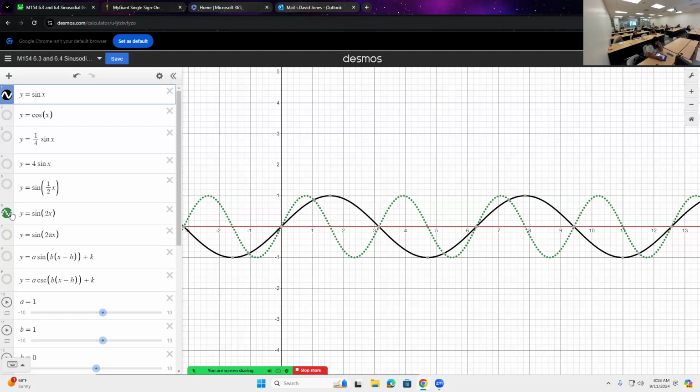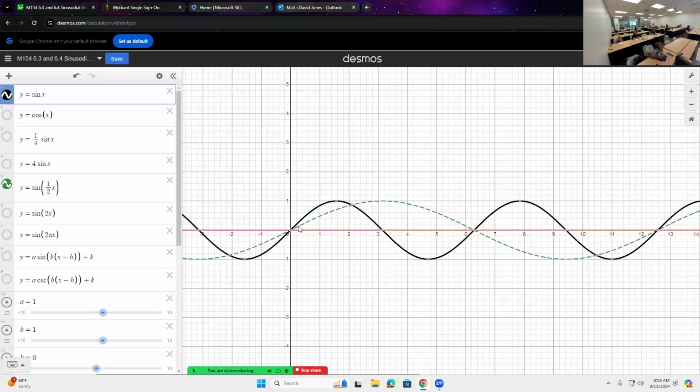And if I do the one that has 1/2, it goes up, back to 0, down, back to 0 every 4 pi. So having a number in front of x, we usually give this the letter B. You divide the period of 2 pi by that B and it gives you the new period. It makes the period different, how often it repeats.